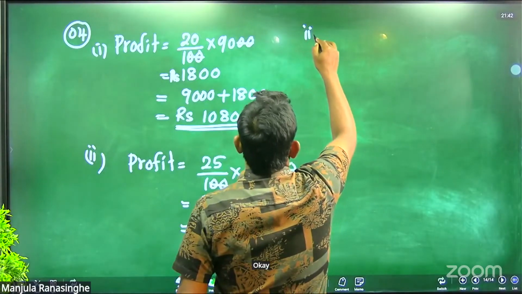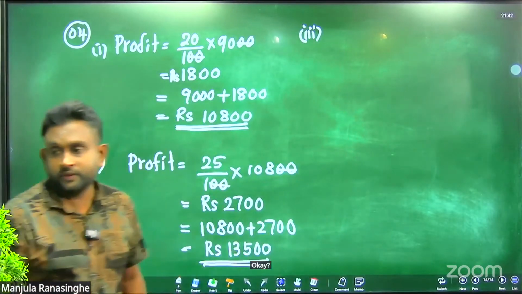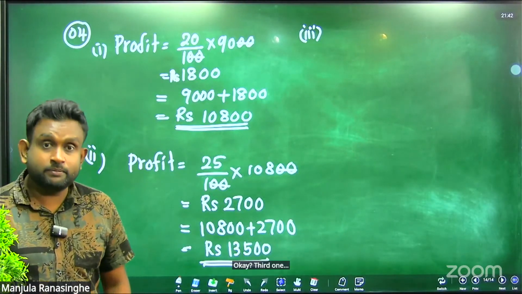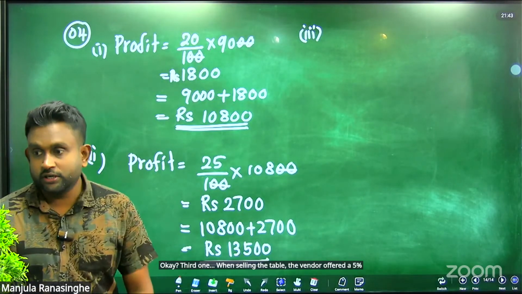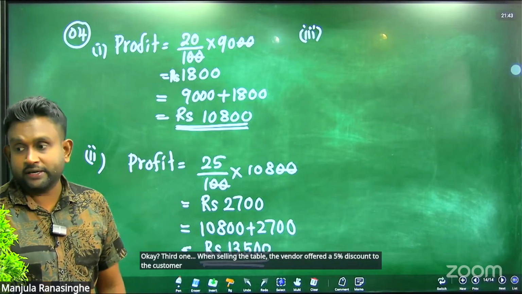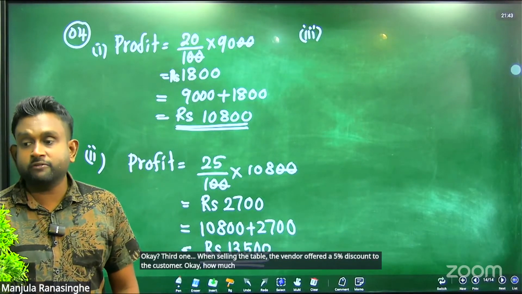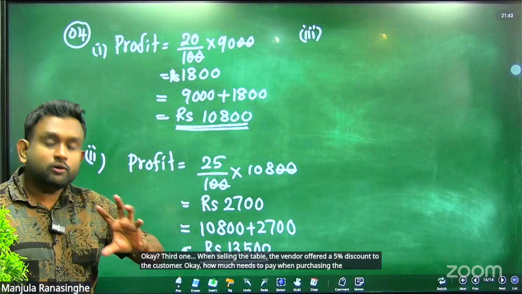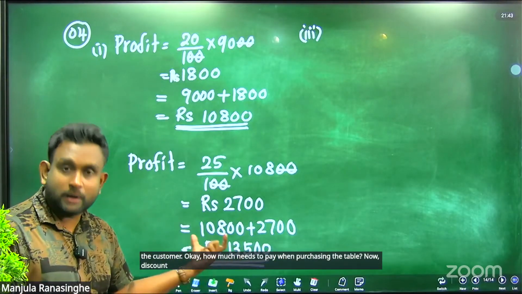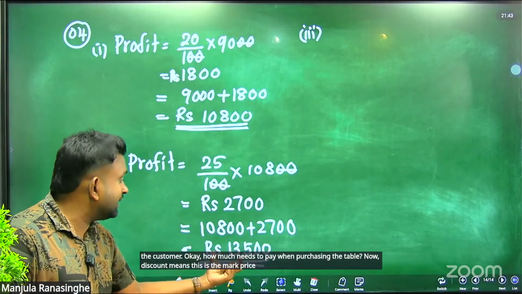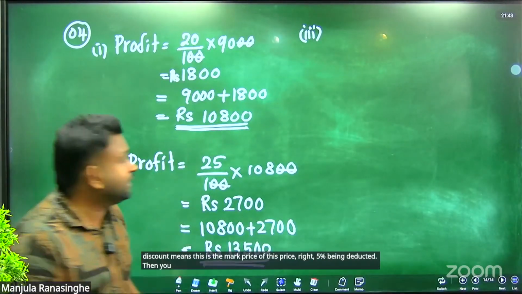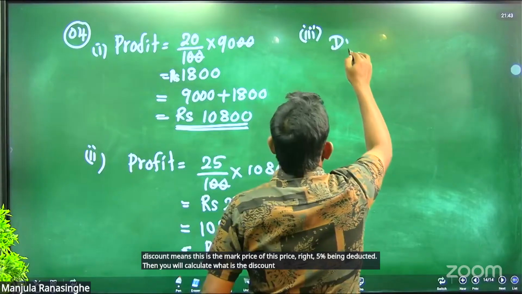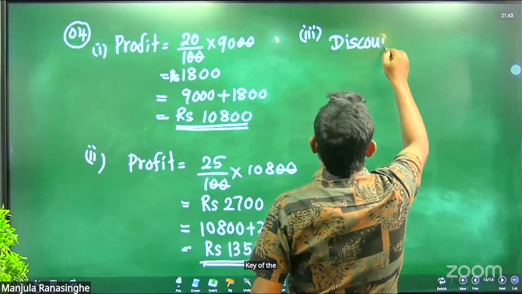Okay, third one, when selling the table, the vendor offered a 5% discount to the customer. Okay, how much needs to be paid when purchasing the table? Now discount means this is the mark price, and 5% is deducted. Then you will calculate what the discount offer is.